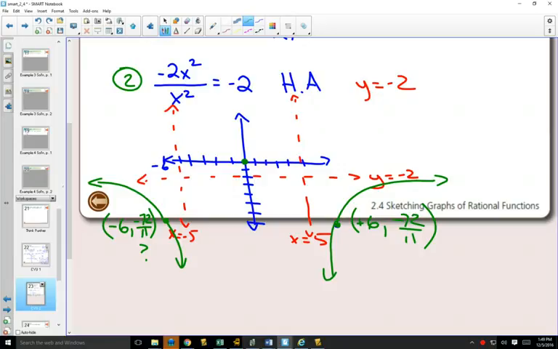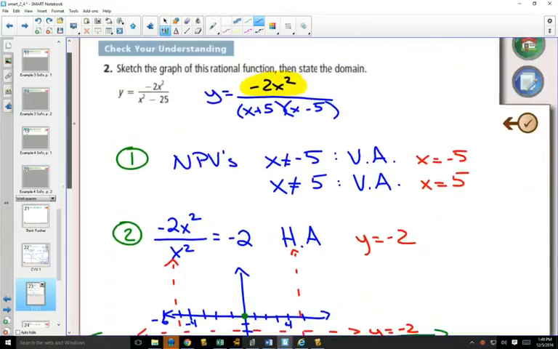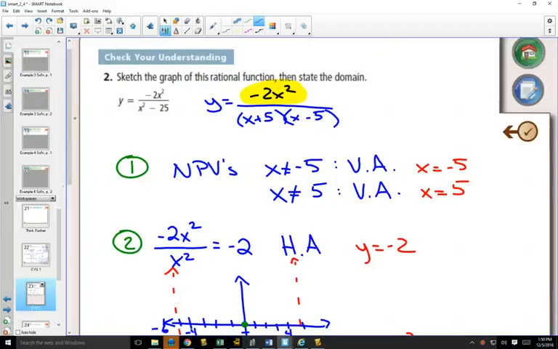What's going to happen in the middle? Well, we can find out if it goes up towards these asymptotes or down towards the asymptotes by looking at what happens as we get close to the asymptote. So we're going to check out 4 and negative 4. What happens when we plug in 4?